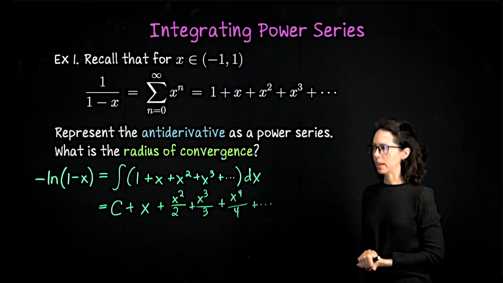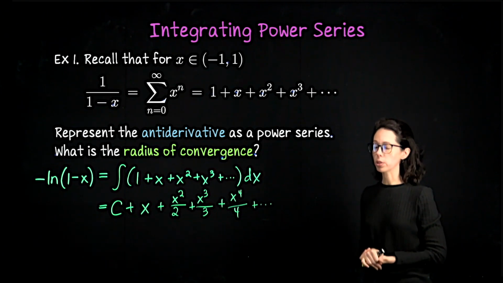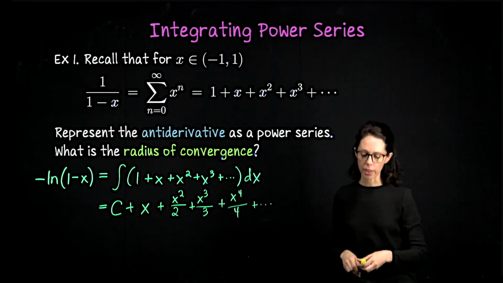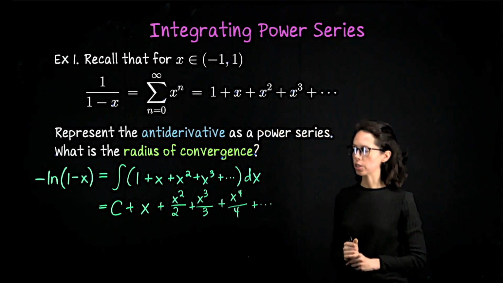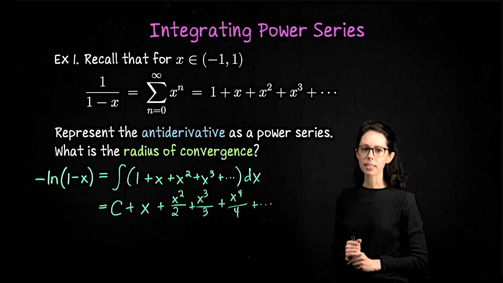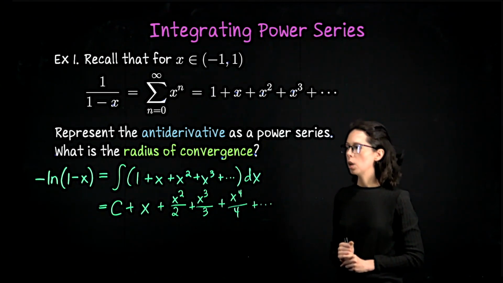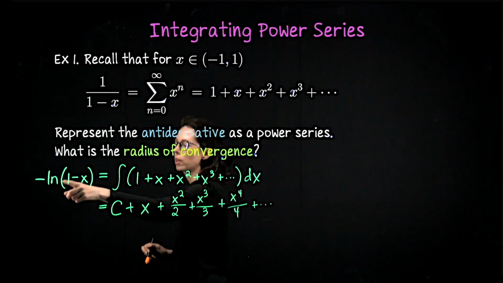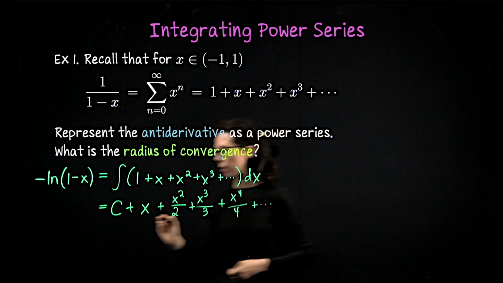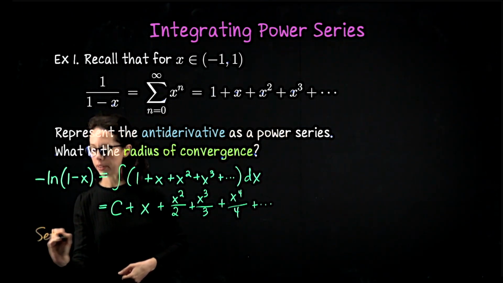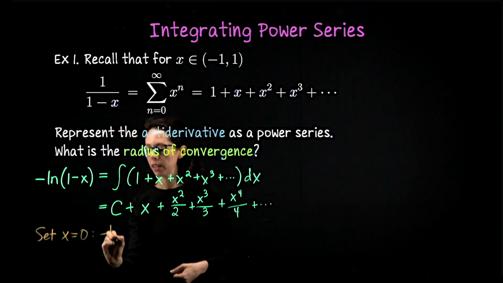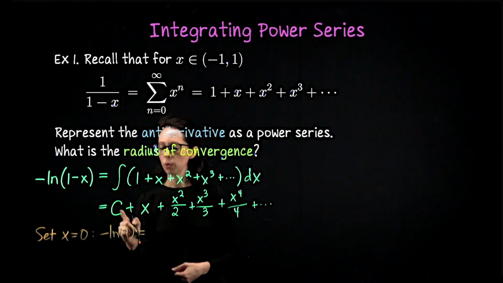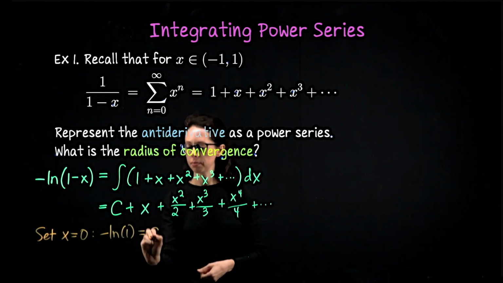We are going to put this in a power series form now, so I'm going to write sigma notation. Before we do that, let me figure out what to do with this leading constant of integration. If I set x equal to 0 on both sides of this equation, on the left-hand side we'd be left with -1 times natural log of 1. So set x equal to 0, and we get negative natural log of 1 equals c plus everything else is 0.